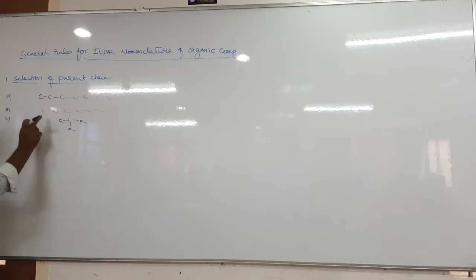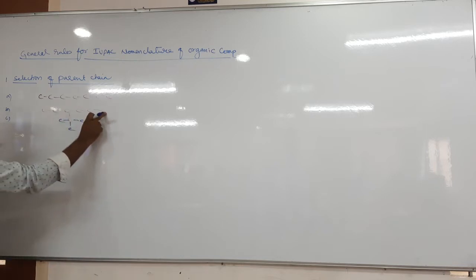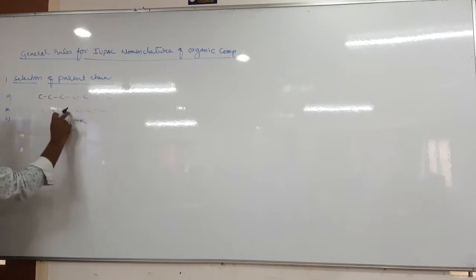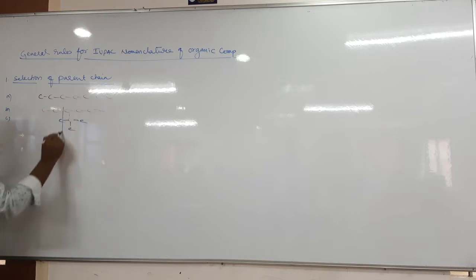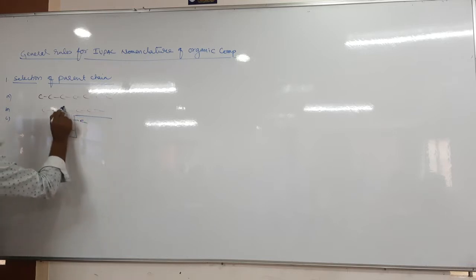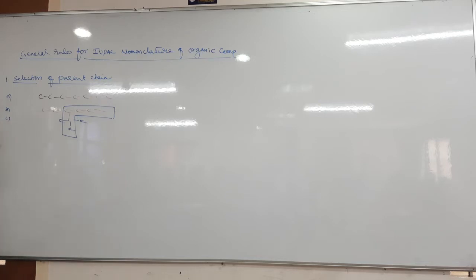For example, 1, 2, 3, 4, 5, 6. Which is taken as the parent chain? The one having the maximum number of side chains, the maximum number of substituents.